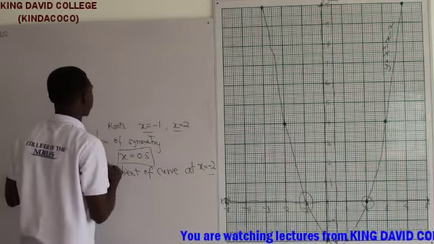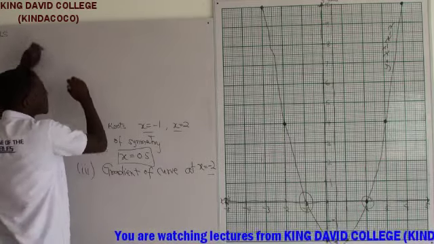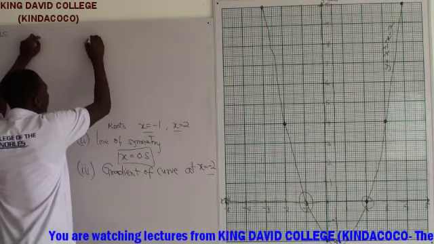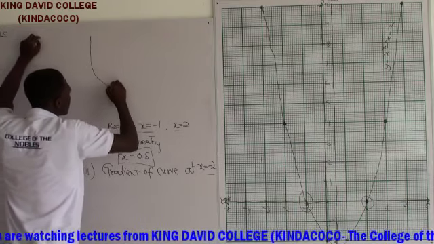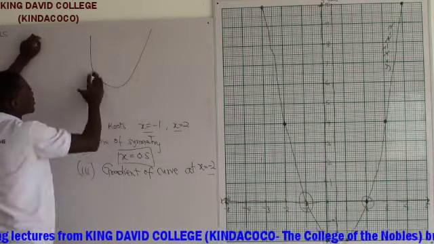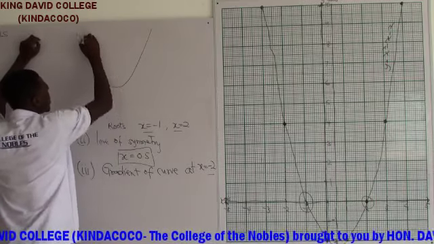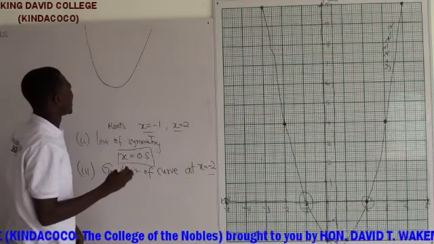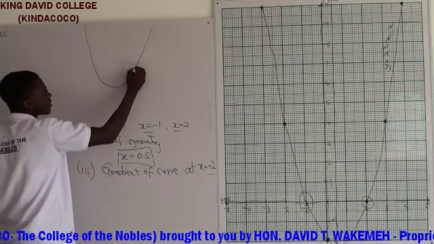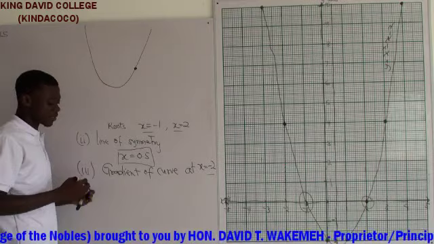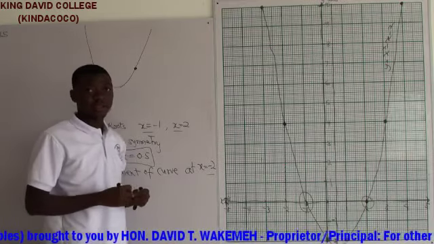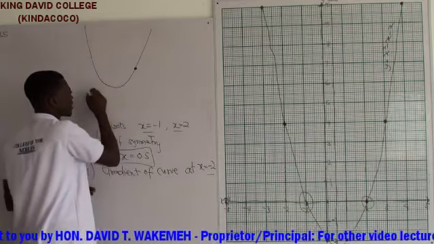Okay, let me demonstrate that. So I have my curve here. Good. I have this side done. Okay. Good. And then I have these points here. And we are supposed to find the gradient right at x is equal to say 1.